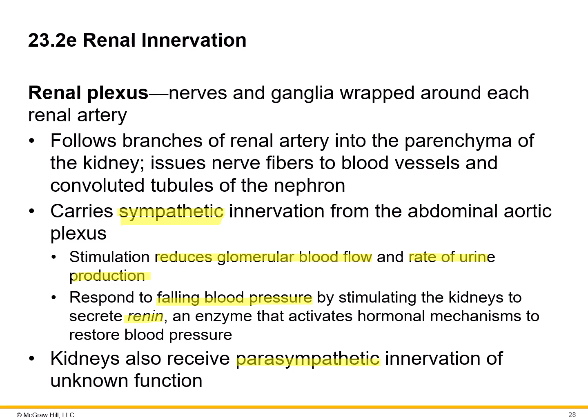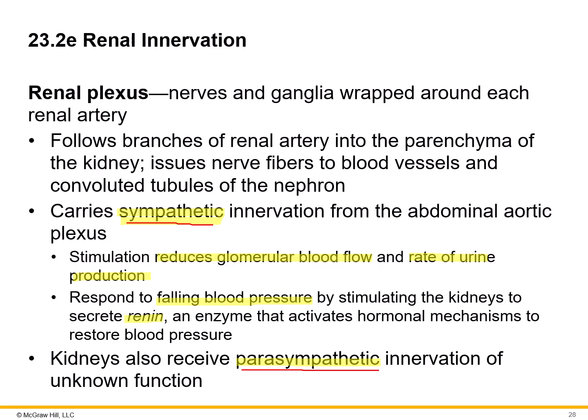We do see parasympathetic innervation. However, we are still unsure of the exact function. For a long time, it was believed that only the sympathetic nervous system had control over the kidneys. But more recently we found that yes, there is parasympathetic innervation, which would make sense with rest and digest.